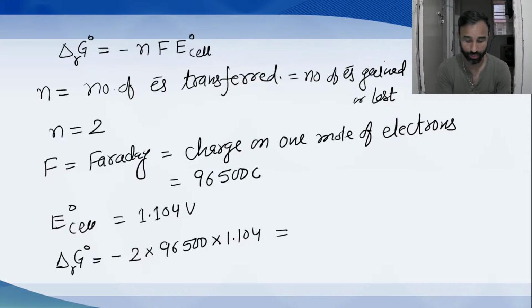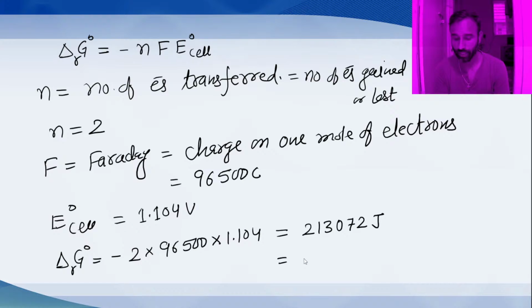So the value is 2 into 96500 into 1.104. That is 213072 joule. Or in kilojoule, it is 213.072 kilojoule.